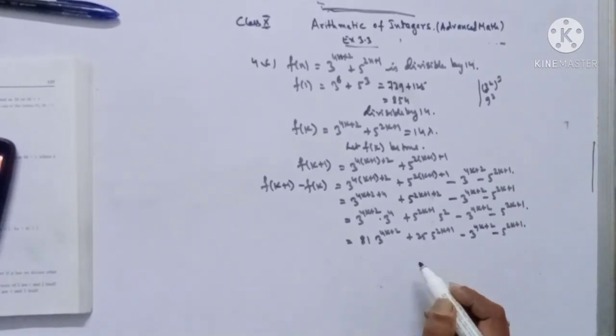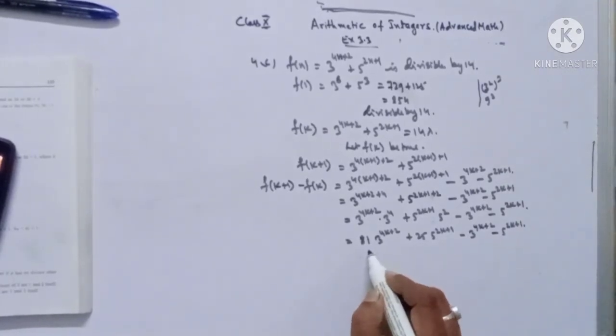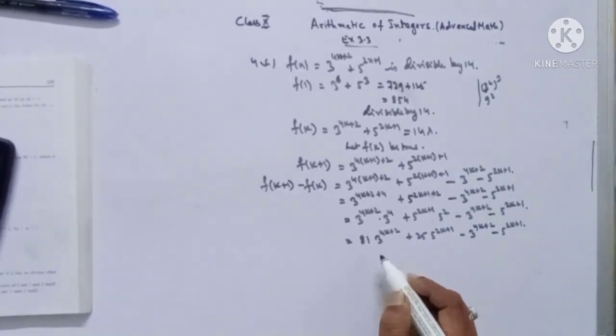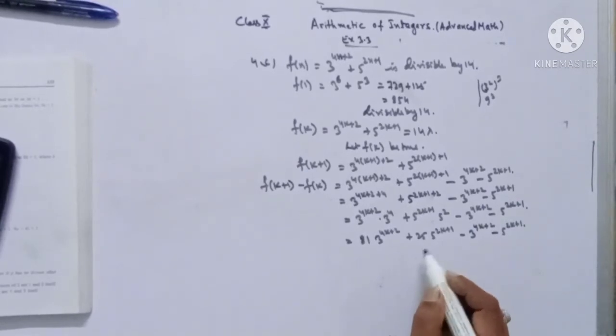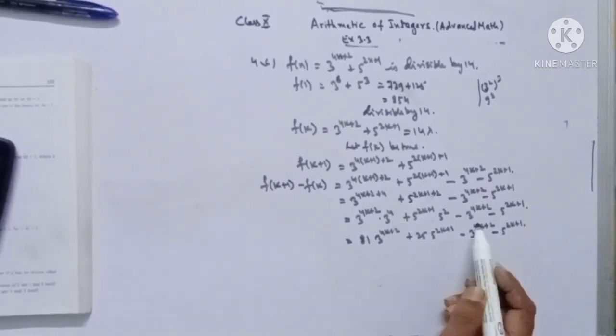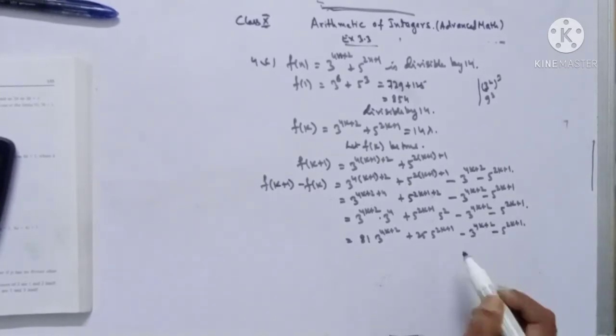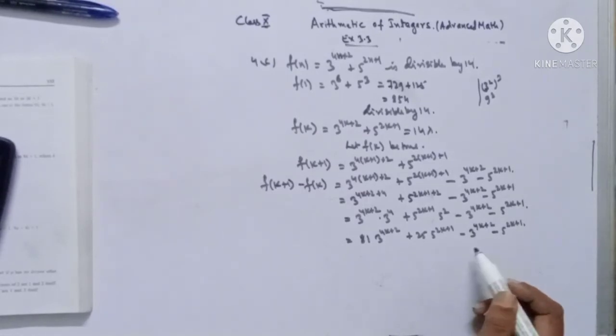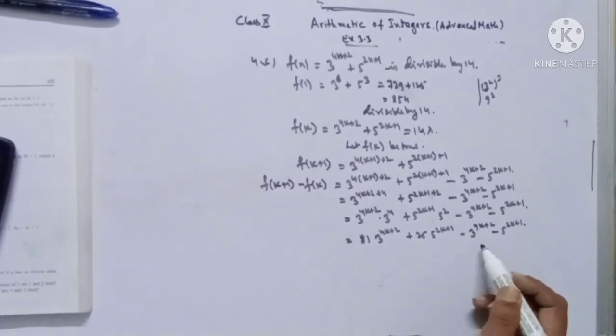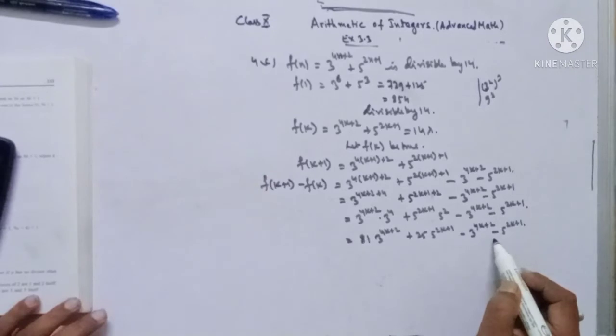How to make the adjustment? You can write 81 as 84 minus 3. This part is 14 lambda.